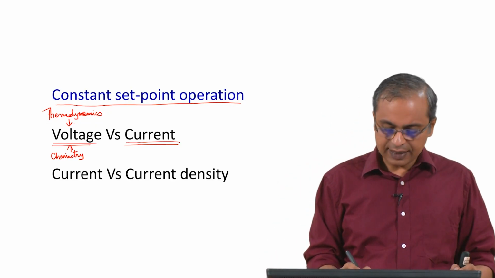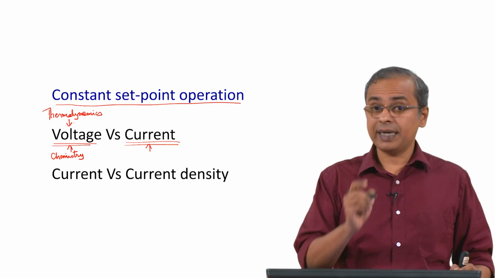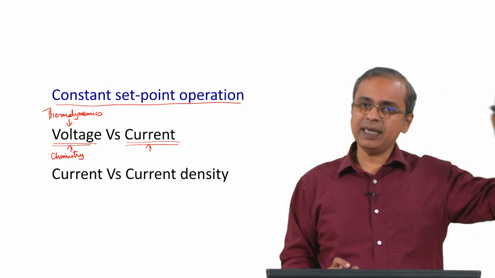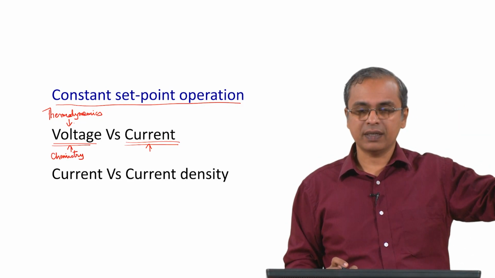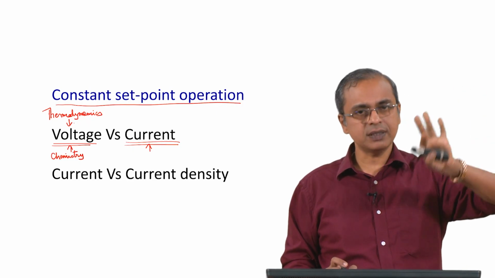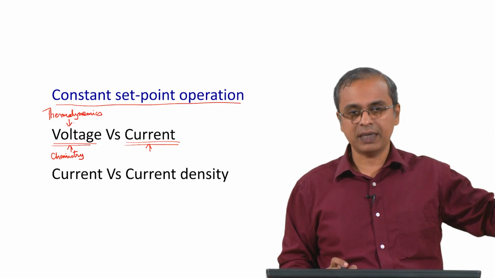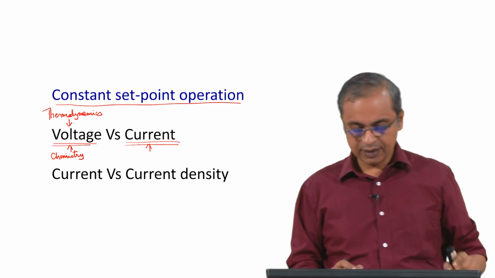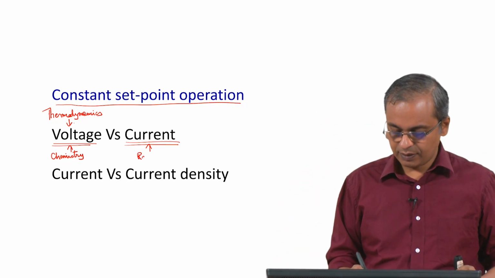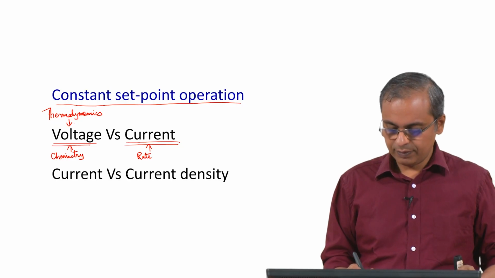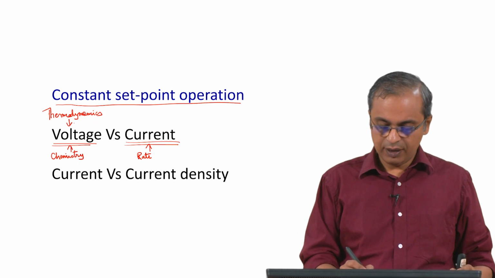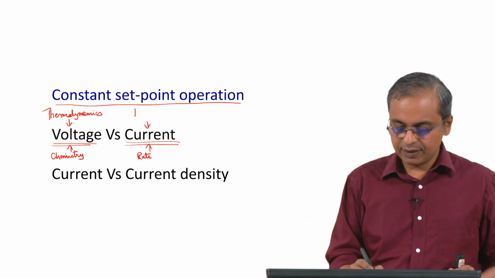The current on the other hand relates to the rate at which the reaction is occurring. You have independently decided what is the reaction that will occur, that is the thermodynamics of it. The rate at which the reaction is occurring is the current, and therefore this is referred to as kinetics.